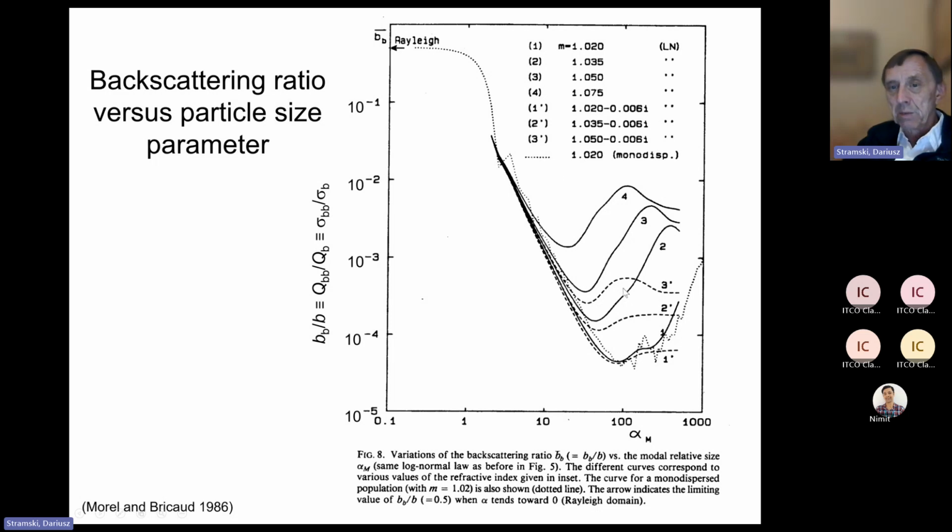The tendency, as I mentioned before, is the higher the refractive index, the higher the backscattering ratio. So particle 4 has much higher backscattering ratio than particle 1, but the dashed lines are lower. The corresponding dashed line, like 3' is lower than 3, or 2' lower than 2, because if we add absorption, then backscattering ratio drops, as I indicated a moment ago.